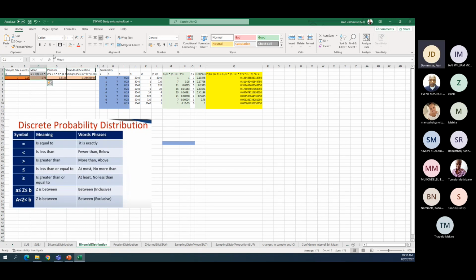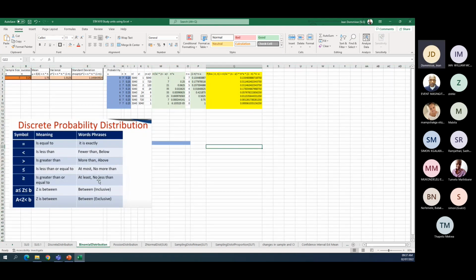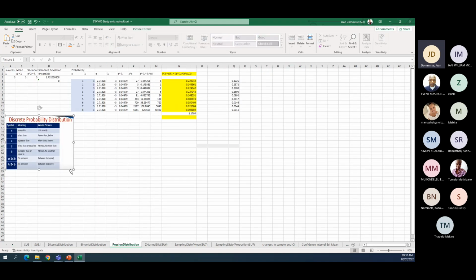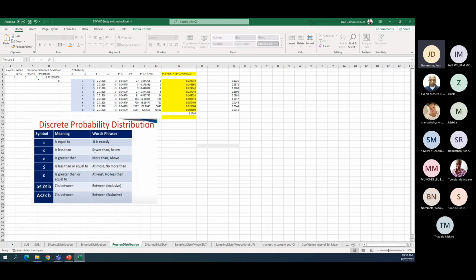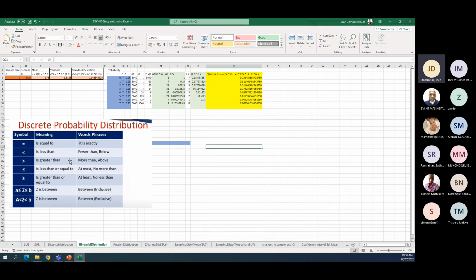Okay, so again, if you want to use it, it is there. I think I've put this on nearly a lot of the spreadsheets so that one can always refer back to it. Okay, so again, how to use the Excel if need be, for binomial.